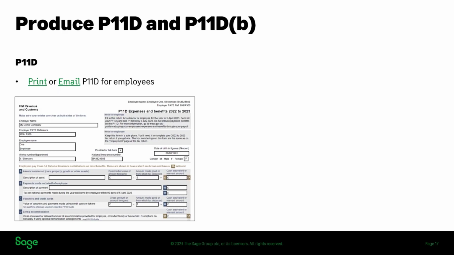You can either print your P11D forms, and you do that directly onto plain paper. There's no stationery required. Or you can choose to email the P11D, and it will email it as a password protected attachment where the employee's national insurance number is their password.